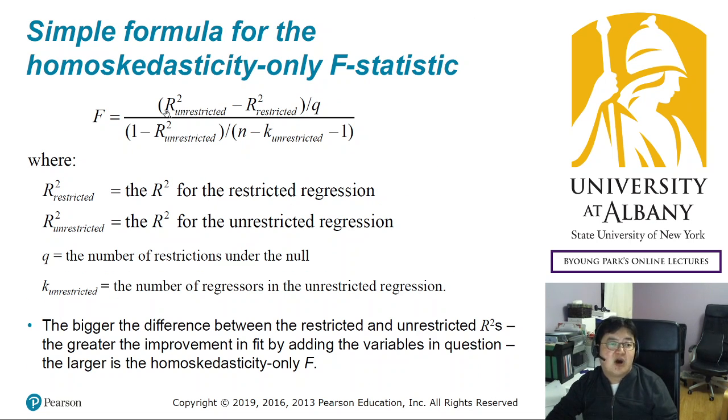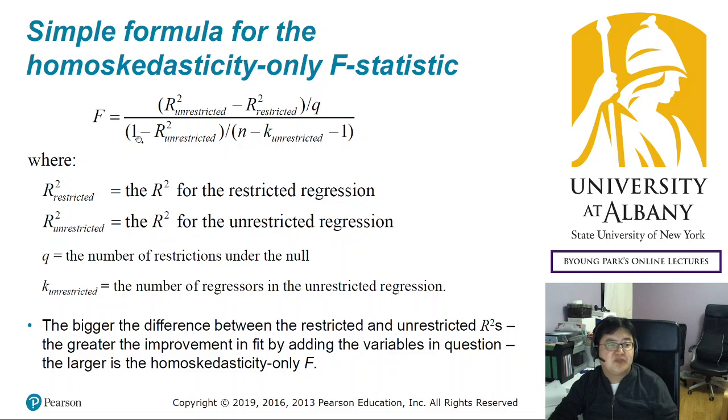The formula is like this. The unrestricted R squared must be greater than the restricted R squared, so if you take the difference, it is positive. This is the difference between the model with restriction and without restriction, divided by the number of restricted parameters, q.